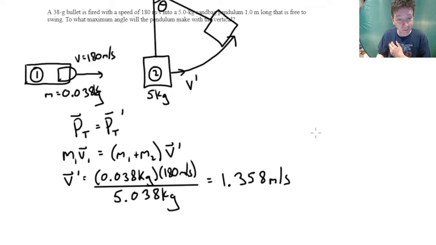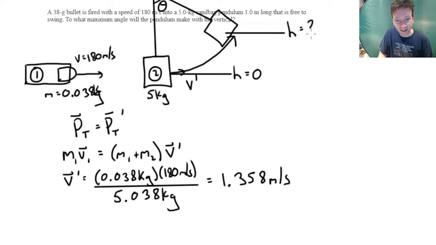Okay, so the next part, we need to figure out how high this is going to go. To what maximum height will it reach? This is an energy conservation problem. We are starting here at a height that we'll label as our base, so a height of 0, and this is what we're looking for. What is the height here?